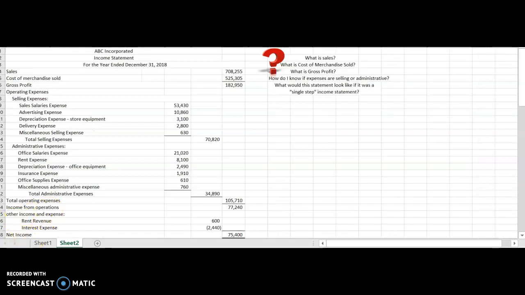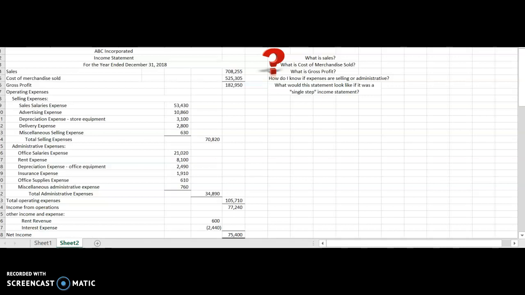When we start looking at a merchandising company, which is a company that sells merchandise rather than a company that provides a service, we often do a multi-step income statement instead. Before we get into it, let's talk about the differences between a merchandising company and a service company.